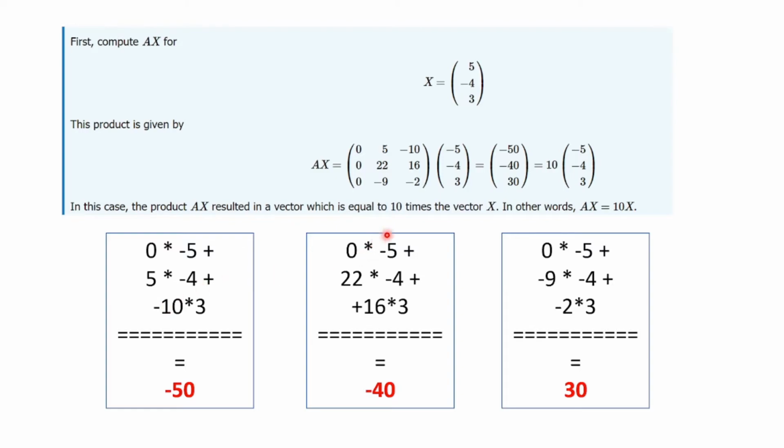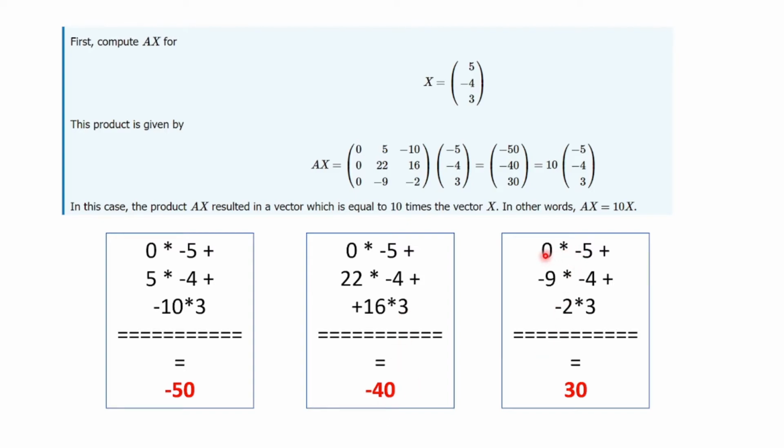If we want to revise a bit of matrix multiplication, how is it done? It is 0 times -5, plus 5 times -4, minus 10 times 3, so that becomes -50. Similarly, 0 times -5, plus 22 times -4, plus 16 times 3, so that is -40.